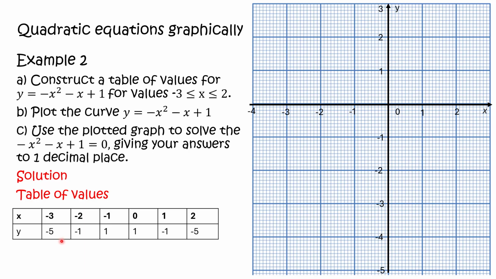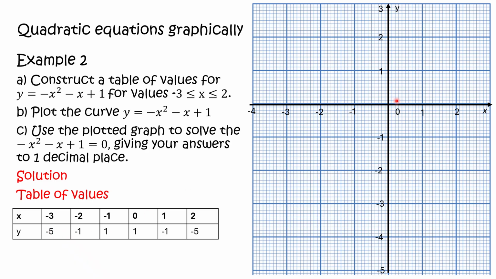Right, so now I have the graph paper and I make sure that all the values are represented. So the x values range from minus 3 to plus 2. So I can use a scale of 2 centimeters to represent 1 unit on the x-axis. I check for the values of the y. I see that also I can use the same scale.